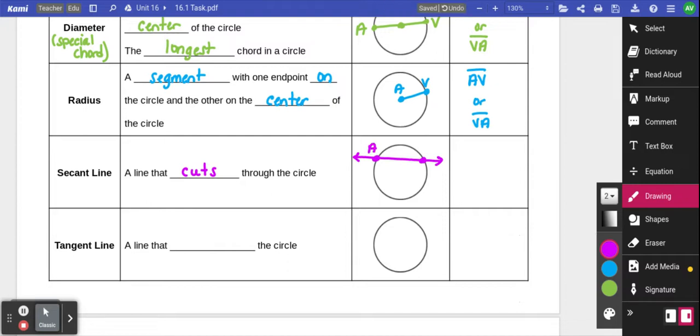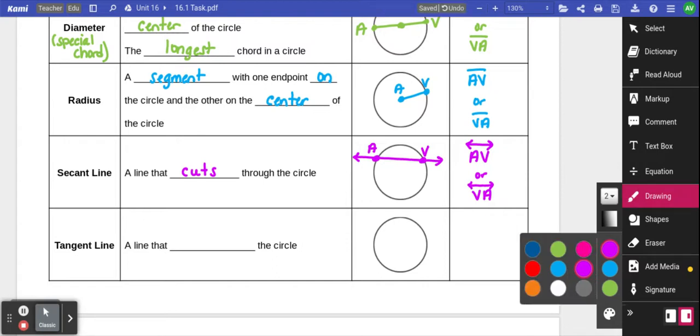When we name a secant line, because it's a line, we would use 2 of the points on the line, and then over the top, we draw a little tiny picture of a line, which means it has 2 arrows on it. Another way to name that line would be VA. And again, my little symbol has 2 arrows at the top because it's a line and not a segment.